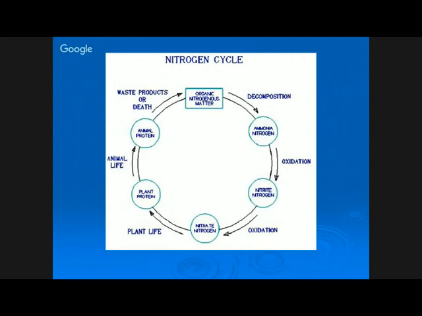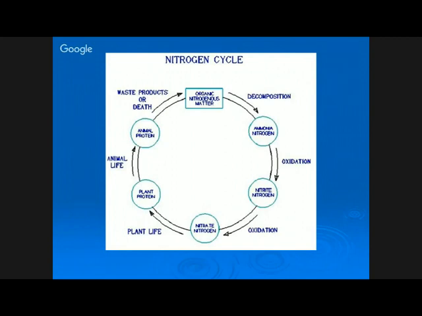Then you can see this N2 cycle. This you already know. This is a cycle. The nitrogen N2 goes on circulating within the natural system. As you can see in this cycle, organic nitrogen matter, after decomposition, gives rise to ammonia.